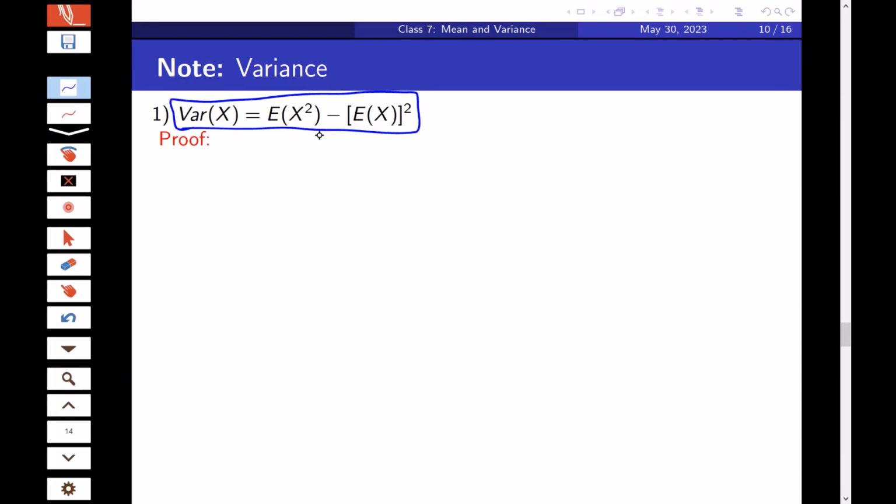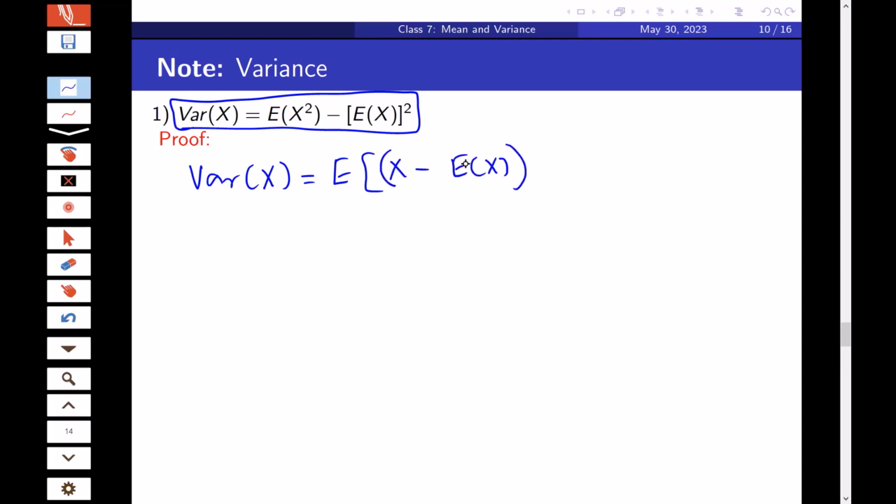Find E of x squared, which you know how to find, minus the mean squared, and then you get the variance. I'm going to prove this result as well, but I'm not going to ask it in your exams.